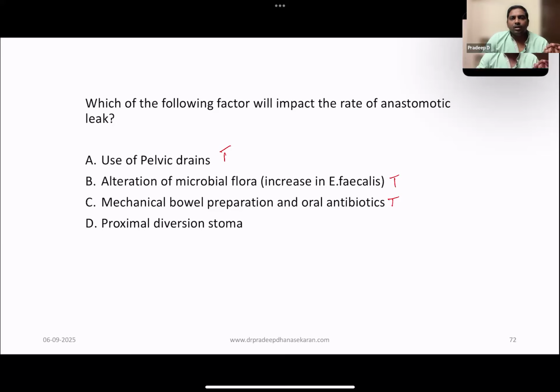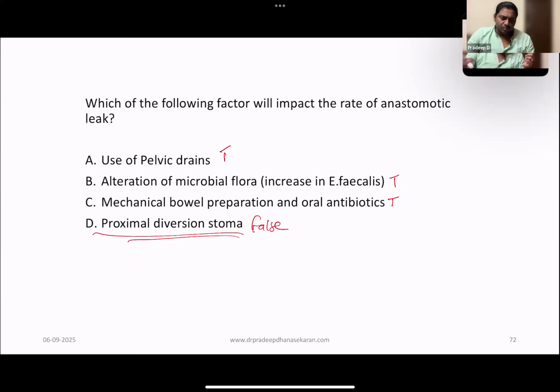Proximal diversion stoma will not impact the rate. It can decrease the consequences of anastomotic leak, or it can be a treatment for anastomotic leak, but it does not prevent the anastomotic leak. So it does not impact the anastomotic leak.